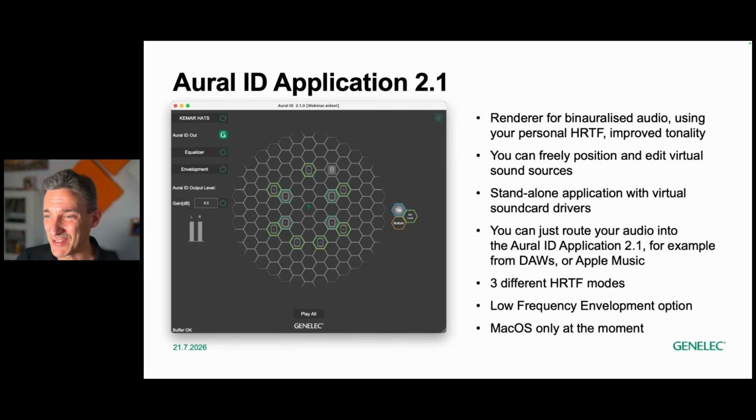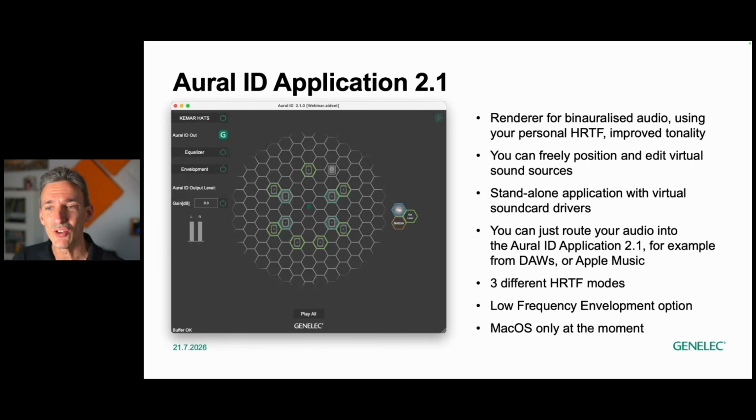And we have a so-called low-frequency envelopment option. This is also something that is, I would say, exclusive for us. This makes it possible that if you have low-frequency content which is not mono, so for example, forget about pop music, go for big orchestral recordings, the low frequencies usually are not mono, and you sometimes have completely different phase situations as well.